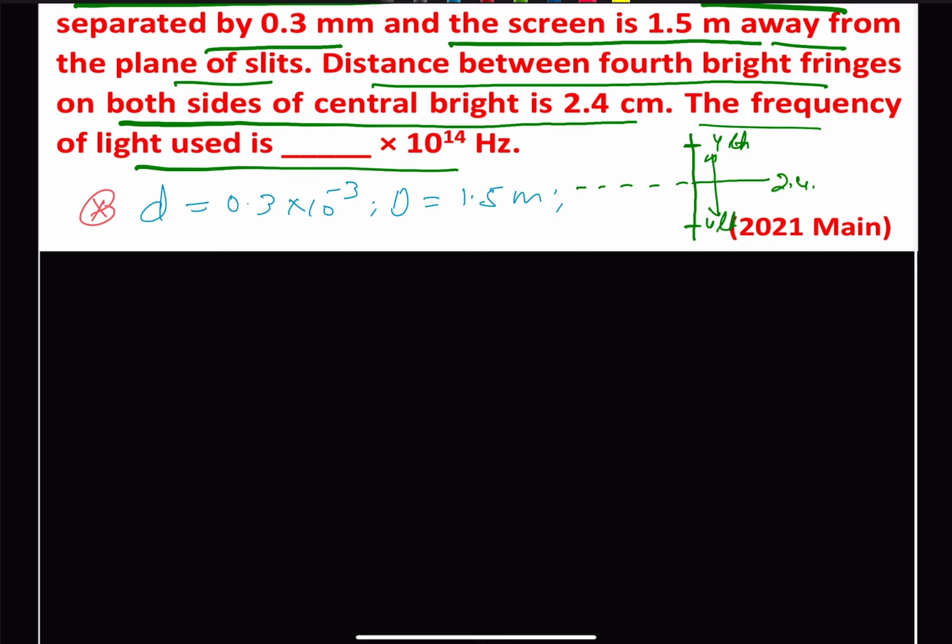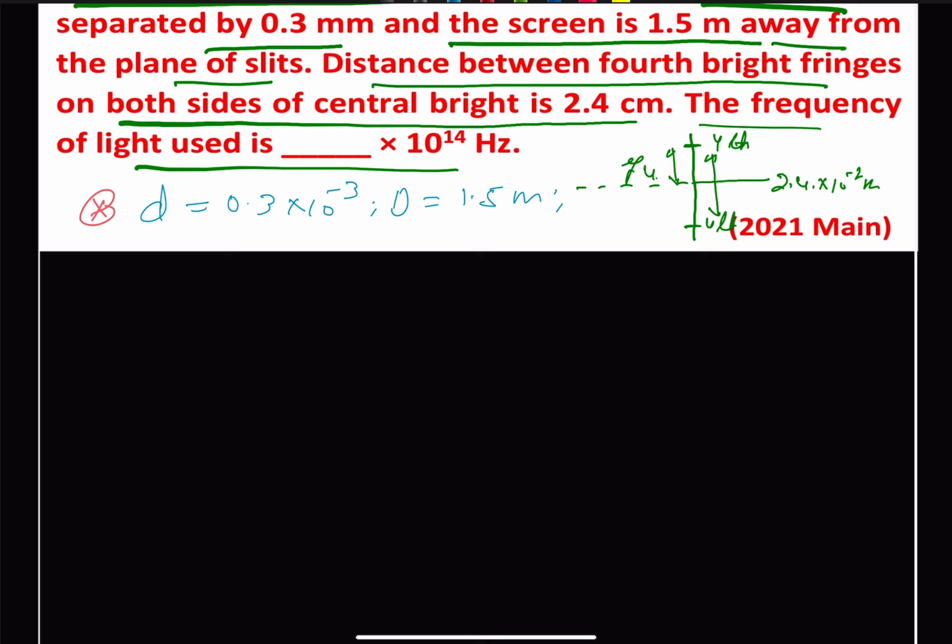And this comes 2.4 into 10 to the power minus 2 meters, but the formula which we use, that is our y of 4, is only for the one side. So this is our y of 4.